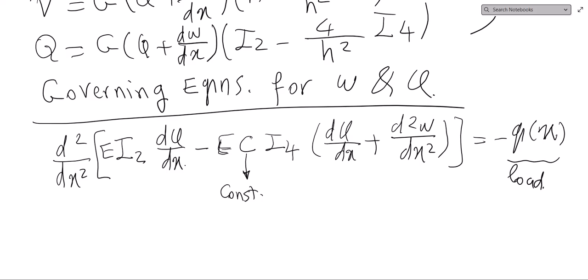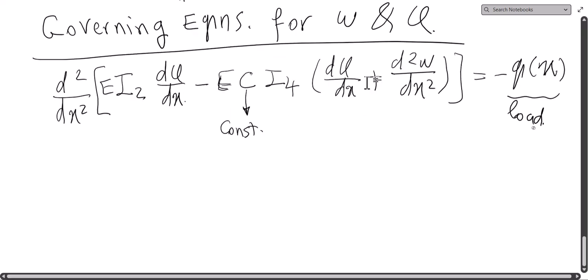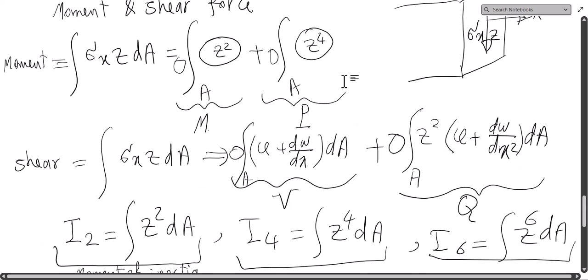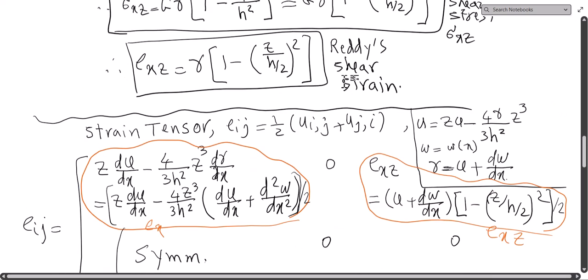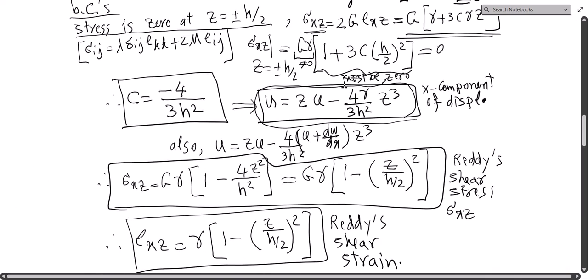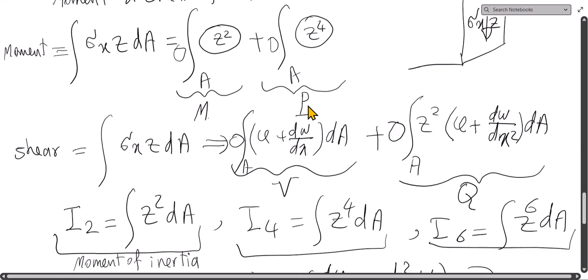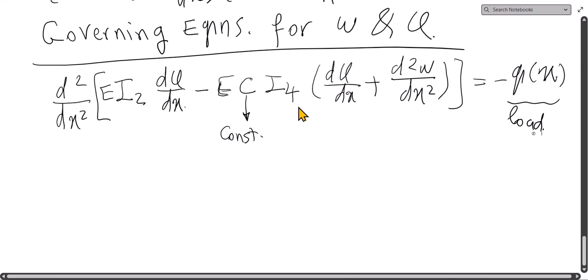As you see here, the point that I want to draw your attention to is that a very minor change in displacement, but here a good change in displacement compared even to Timoshenko, will give us a much more complicated differential equation to solve.